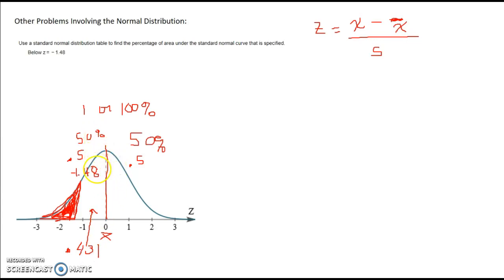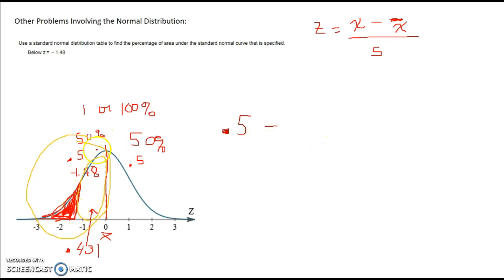So we're going to use subtraction here, because this whole side is 50%, and this is 0.431. If I subtract 0.431 from 0.5, I'll get what this area is, which is what I want. I apologize for the way that I write with this mouse.